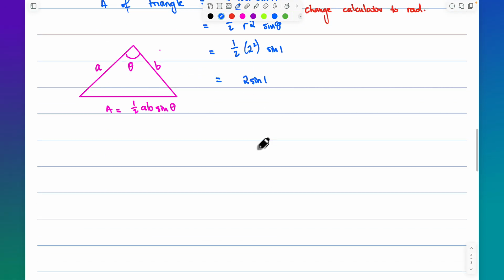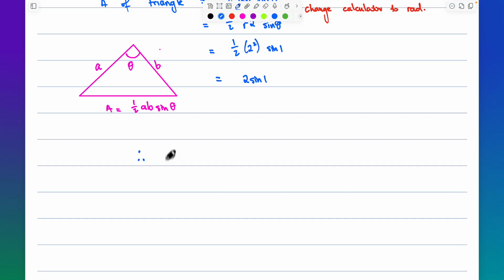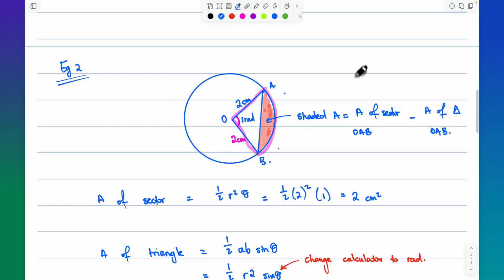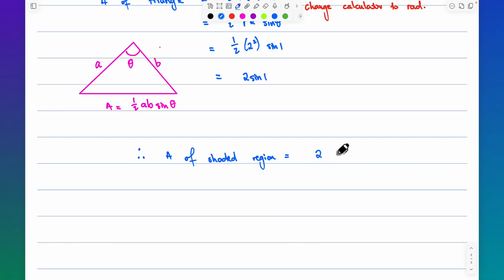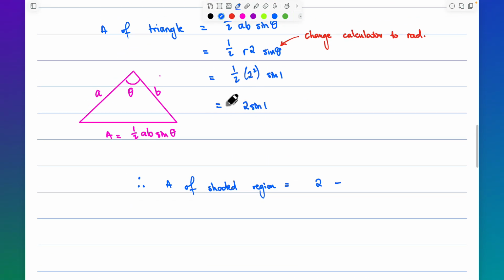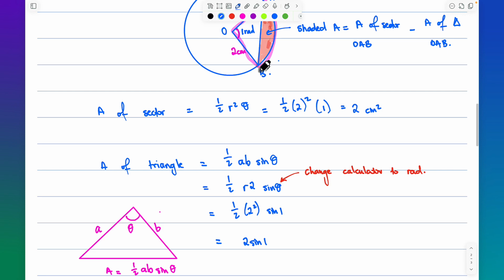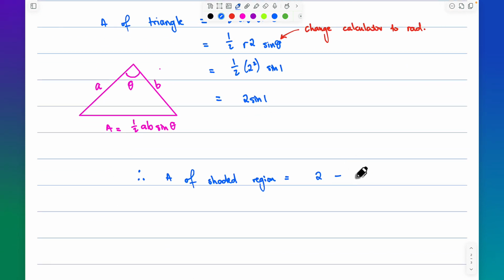Okay, right. Therefore, the area of the shaded region is equal to the first area, which is the area of the sector, that's going to be 2, minus this little area that we then remove, the area of the triangle, to then stay with the shaded region.